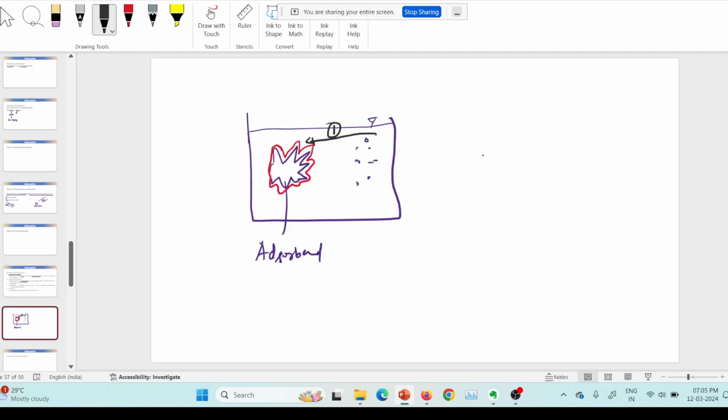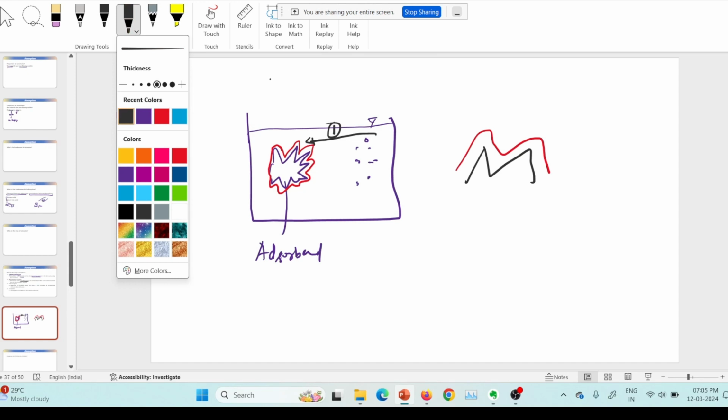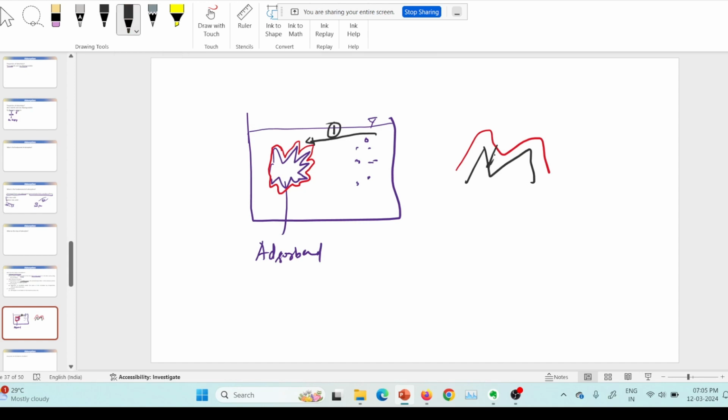So I will make it a little bit bigger. This is the film, so it will cross this film. This is step two.